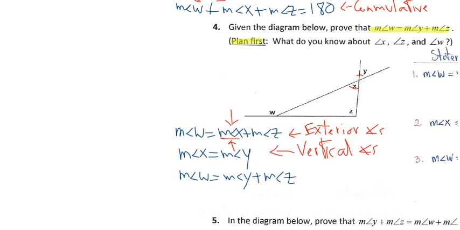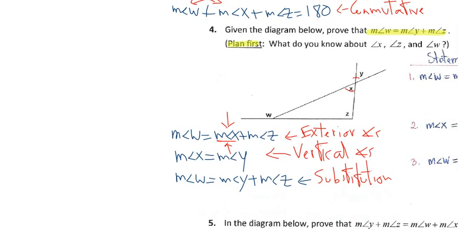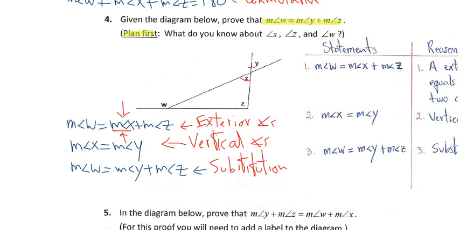And how do we get this? That was by substituting. Okay, so basically that's it. And with this information, you go to write the proof in a very organized way, and the proof should look like this.